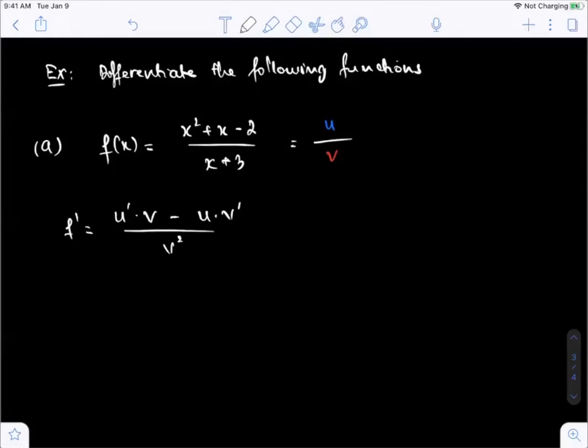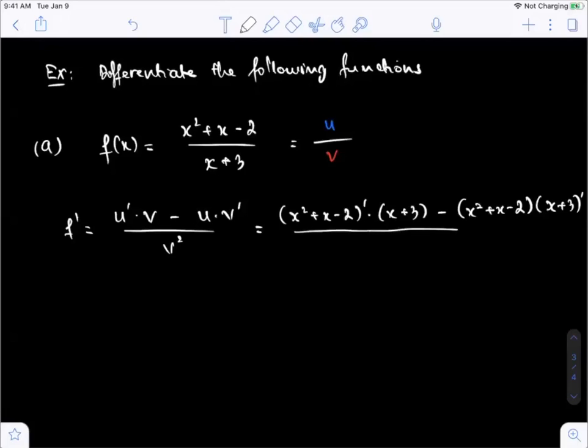For u equal to x squared plus x minus 2 and v equal to x plus 3, this gives me x squared plus x minus 2 prime times x plus 3 minus x squared plus x minus 2 times x plus 3 prime, all together divided by x plus 3 squared.